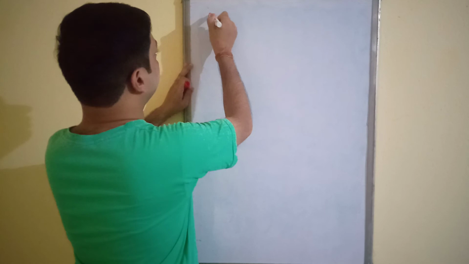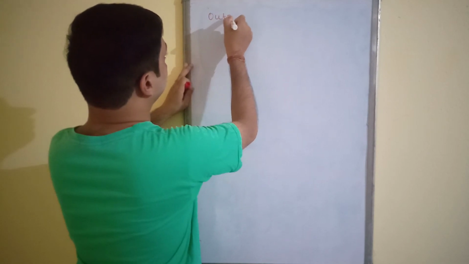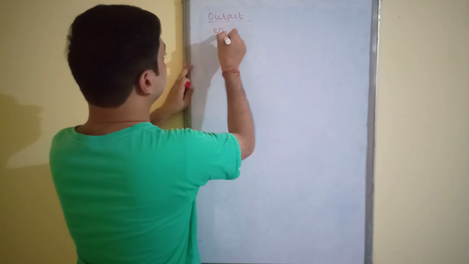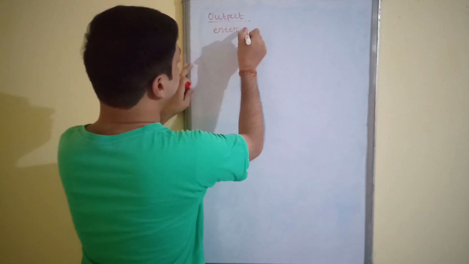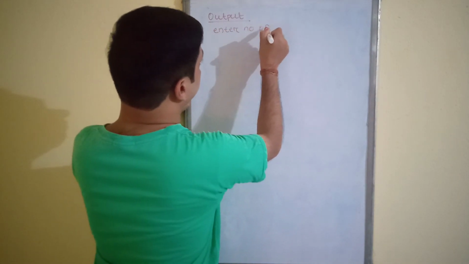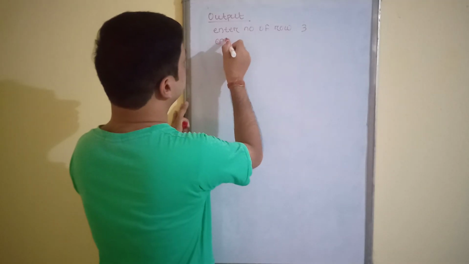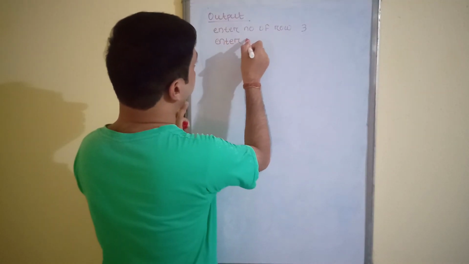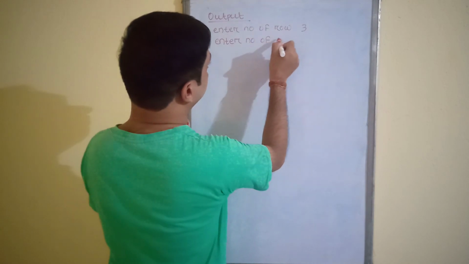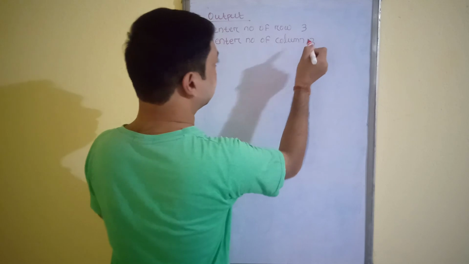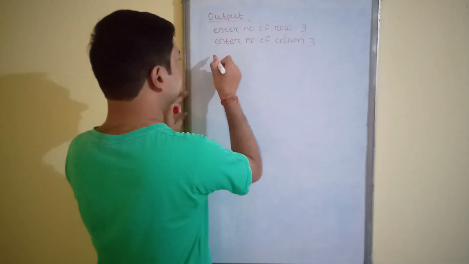Let us come to the output part. First it will ask to enter the number of rows. Suppose 1, then enter the number of columns, 3. Now you have to enter the elements.